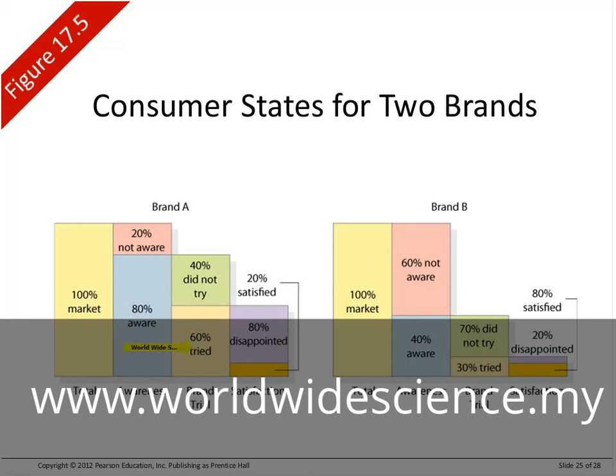From this 480,000, 80% disappointed and 20% satisfied. You must calculate all those percentages and finally find, about brand A and brand B, which has more people satisfied.